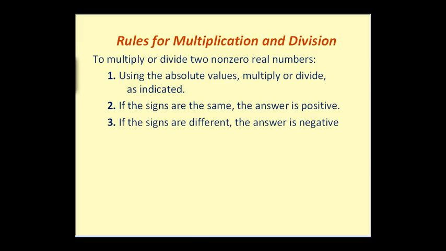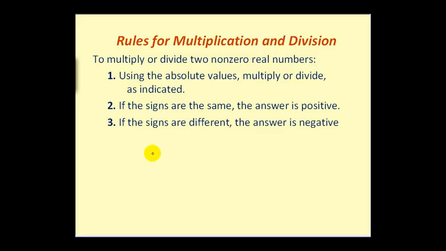Now let's talk about the general rules for not only multiplication but also division. The rules for multiplication and division of signed numbers are the same. If you're multiplying or dividing two numbers where the signs are the same, both positive or both negative, the answer is positive. And if the two numbers have different signs, meaning one's positive and one's negative, the answer will be negative.